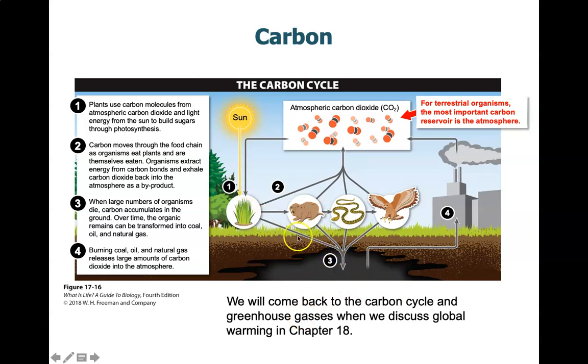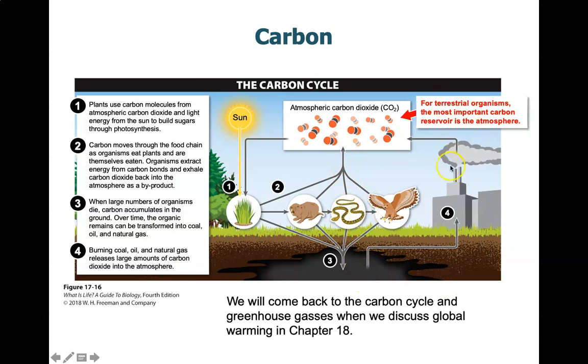When they are decomposed and over time are turned into coal, oil, or natural gas. These living organisms that consume the plant and then consume one another are also transferring carbon through their cells. When they die, they get locked up after decomposition into coal, oil, and other natural resources. But they also respire and release carbon dioxide into the atmosphere.